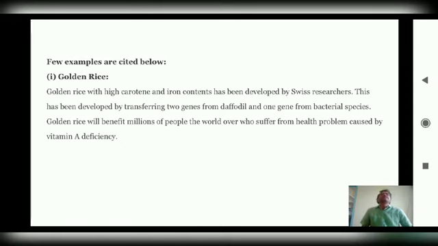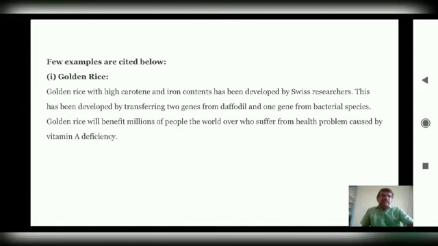This has been developed by transferring genes, two genes particularly from daffodil and one from a bacterial species. So golden rice is benefiting millions of people in the world, and those who suffer from health problems caused by vitamin A deficiency.